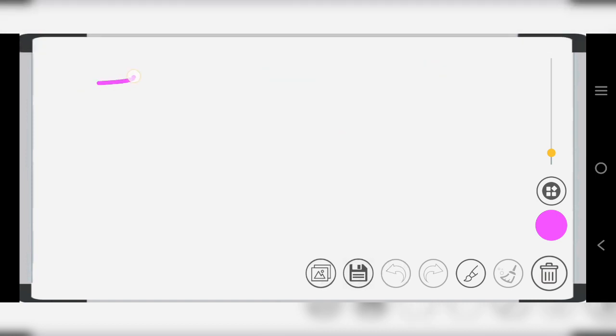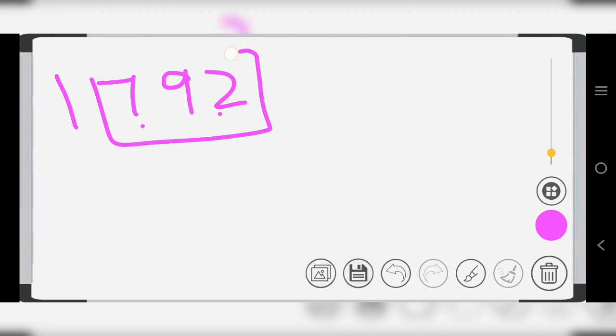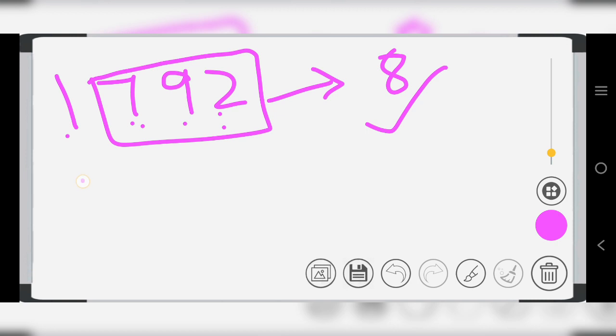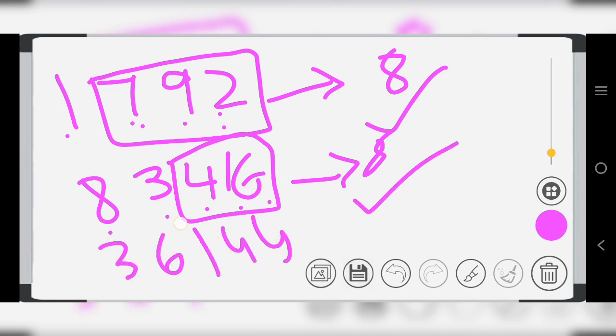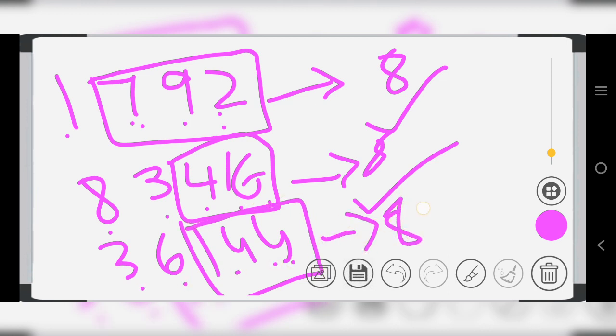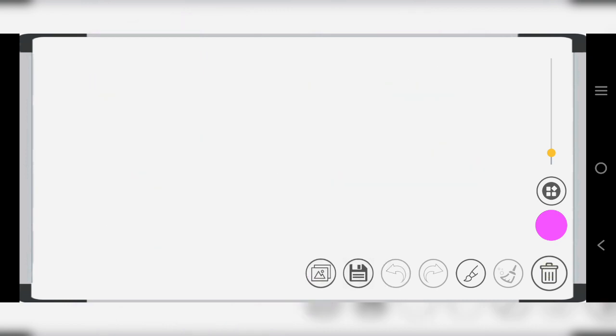Let me give you some examples. 1792: 792 is divisible by 8, so 1792 is also divisible by 8. 83416: 416 is divisible by 8, so 83416 is also divisible by 8. Next, 36144: 144 is divisible by 8, so 36144 is also divisible by 8. So this is the divisibility rule for 8.